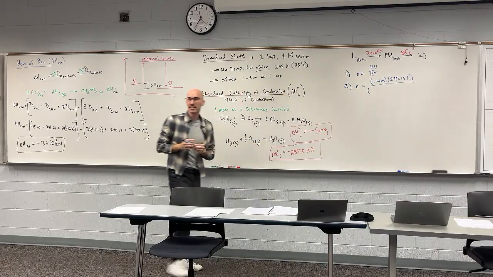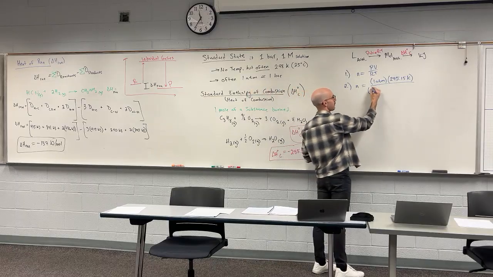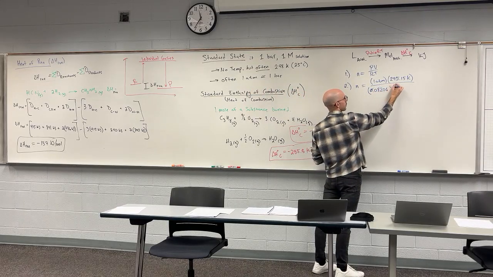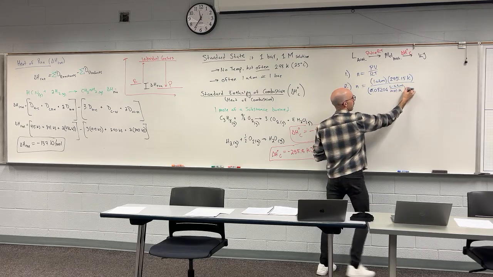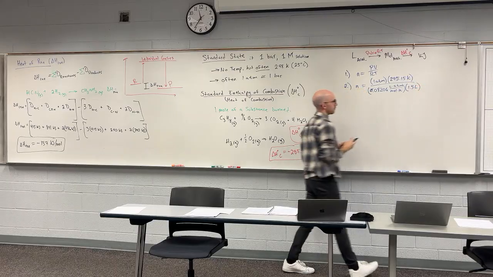My gas constant here totally depends on what units I have. I've got liters and atmospheres, so I want 0.08206 liter atmospheres per mole Kelvin times 1.5 liters.